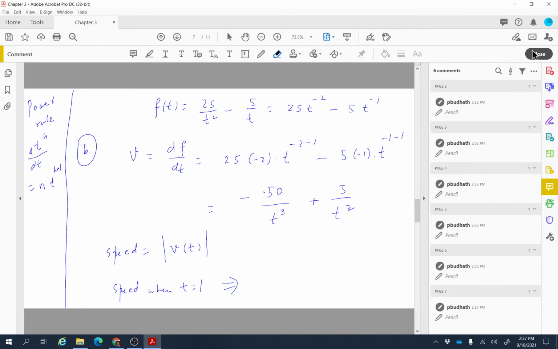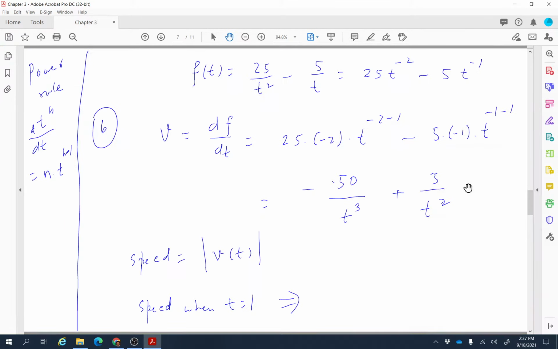So speed when t equal to 1 is the absolute value of this function when t is 1, which is negative 50 plus 5, which is negative 45, which is 45 meters per second.